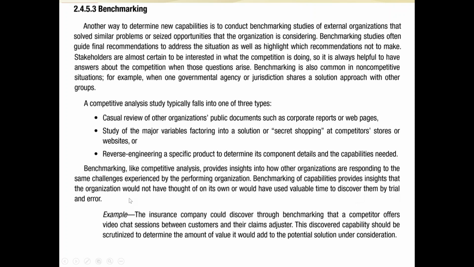If we did all that by ourselves and we did not learn by the mistakes of others, then we will waste a lot of time and money. For example, the insurance company could discover through benchmarking that a competitor offers video chat sessions between customers and the claims adjusters. This discovered capability should be scrutinized to determine the amount of value it would add to the potential solution under consideration.